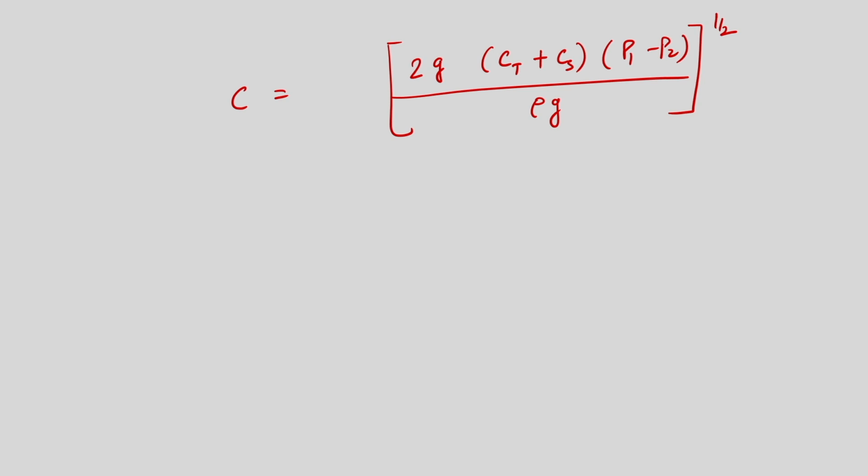So, these two terms are there, P1 by rho g and P2 by rho g, which we can see from this expression.